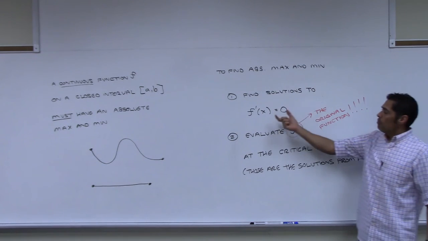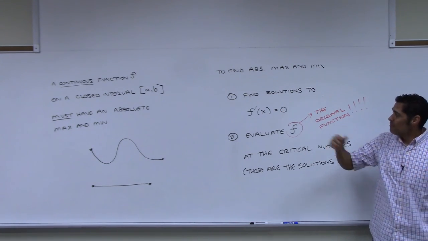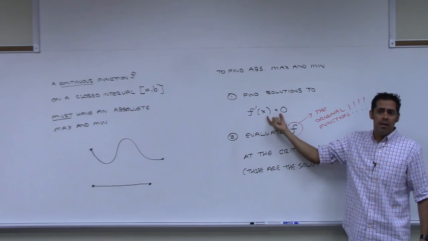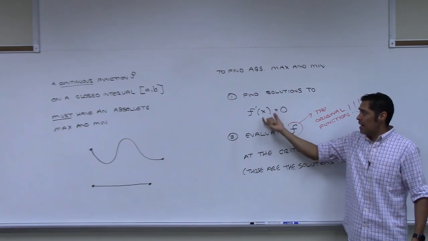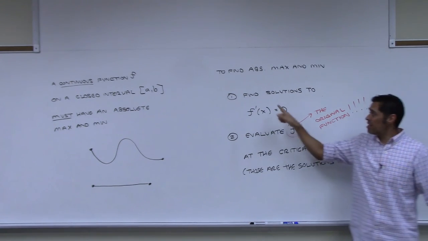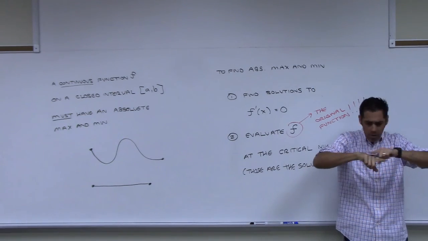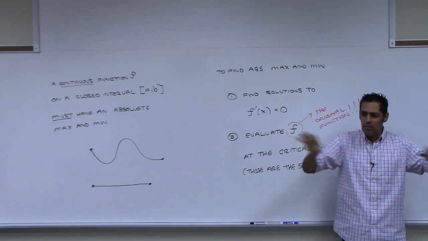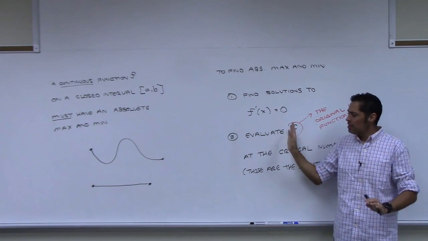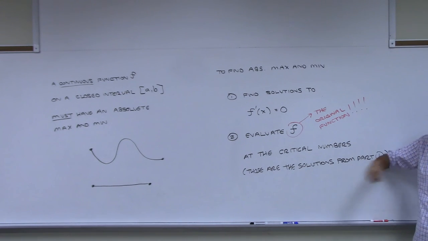Okay, so when we talked about critical numbers a couple of days ago, we defined the critical numbers to be wherever the derivative was 0. All right? So what we're doing is we're going to take the answers we get from this and we're going to evaluate the original function. We're going to just take these answers and plug them into the original function. No number line test points. No, this is what students get confused. They're like, am I supposed to be doing test points? No, on this, you just take these answers and plug them into the original function. Okay? And it's going to spit out some number.